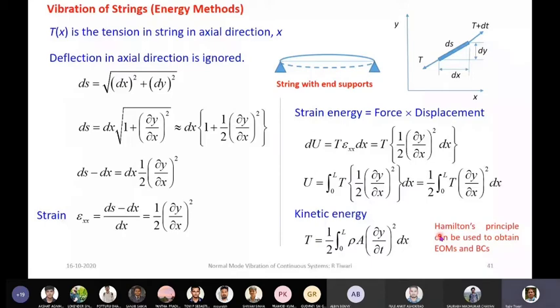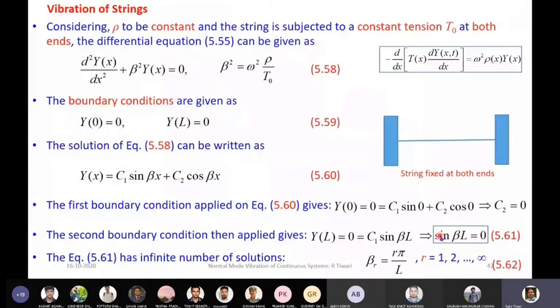Now I'm coming to the solution of the eigenvalue problem for one specific case in which the string or the cable is fixed at both ends. We are now analyzing the free vibration of a cable having some initial tension. In this particular case, the tension is constant throughout the cable.